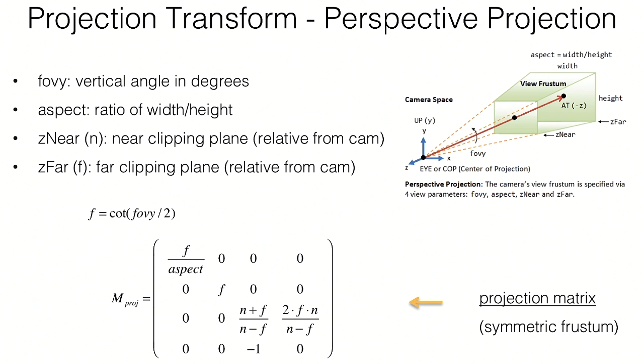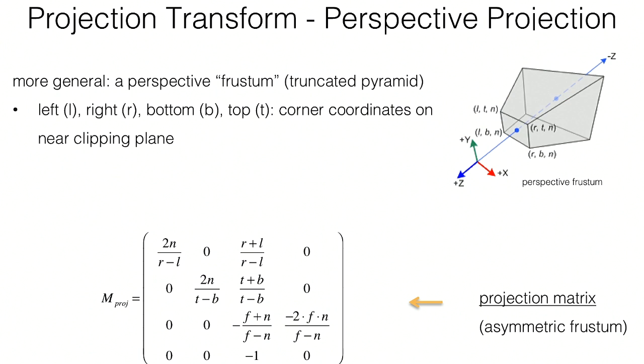The more general version of this is the asymmetric perspective projection, where we define it as the intersection of some frustum with a near clipping plane or a near rectangle at the center of our projection, and we define it as this matrix here. And the four important parameters are the left, right, bottom, and top corners of the intersection of that frustum with this near clipping plane. And we're going to be using this actually pretty heavily when we implement the stereo rendering in a couple of minutes.